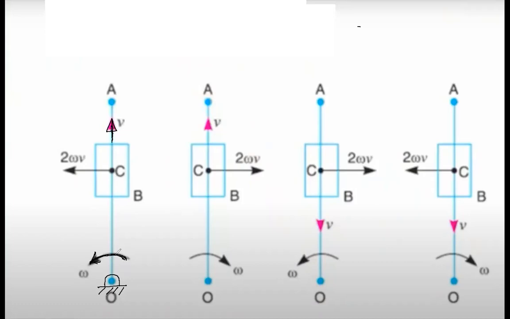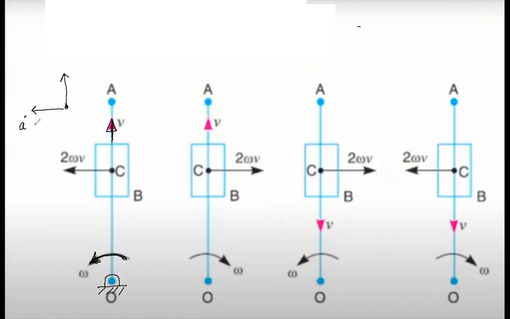So the link is rotating anti-clockwise. Hold this arrow and rotate it anti-clockwise 90 degrees. It will look in this manner, right?